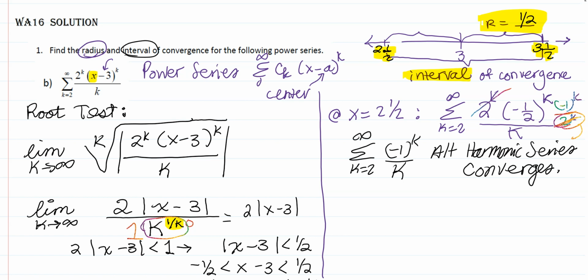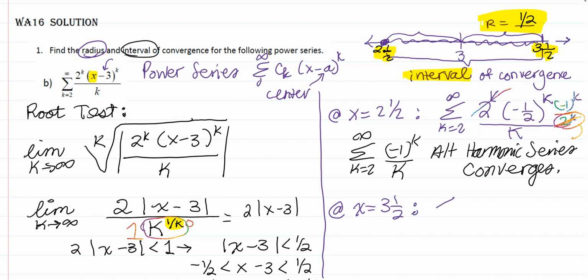So we know that at this endpoint, we are going to include it. And we can go as far as 3.5, and we want to know what happens at x equals 3.5.